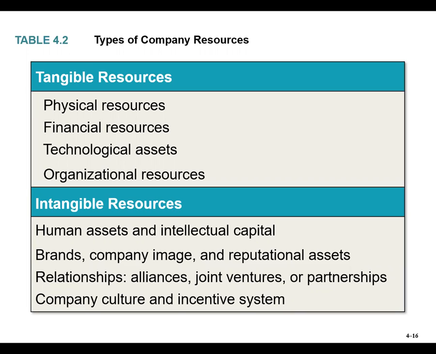Then we have financial resources, your lines of credit and your cash, and then organizational resources, like the relationships. It could be the building, which is a physical resource as well.